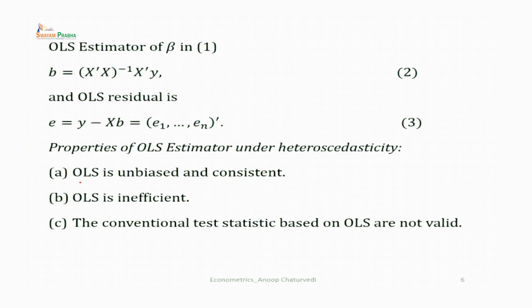So, here also OLS is still unbiased and consistent, but the OLS estimator for non-spherical disturbances is not efficient. It does not satisfy the BLUE property. Here also the OLS estimator is inefficient. Again, the conventional test statistics based on OLS are not valid.